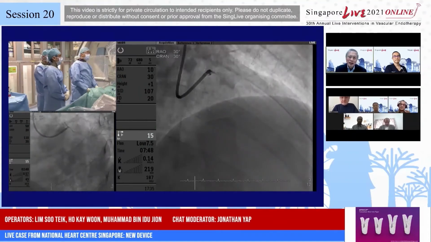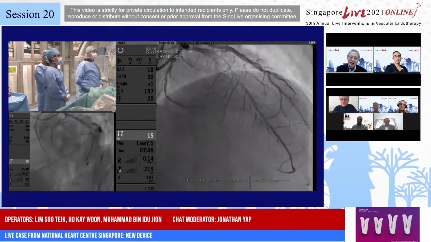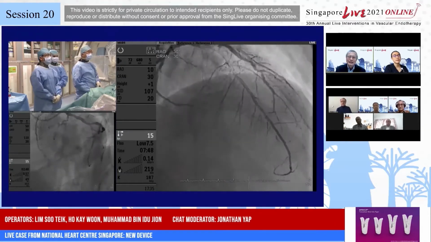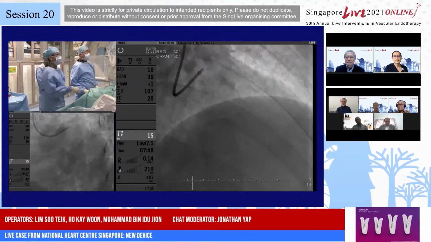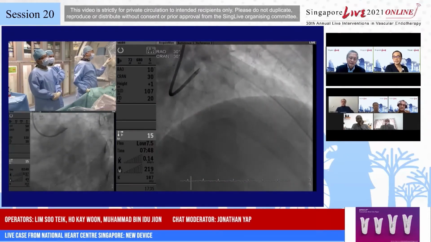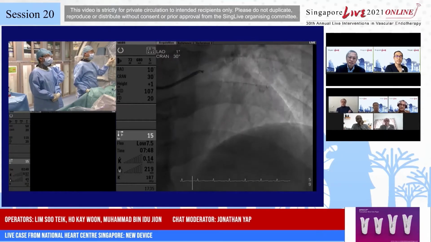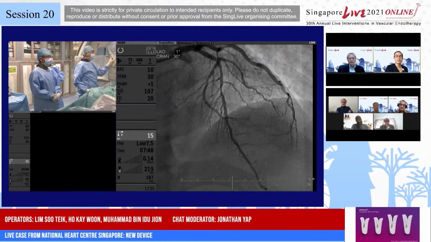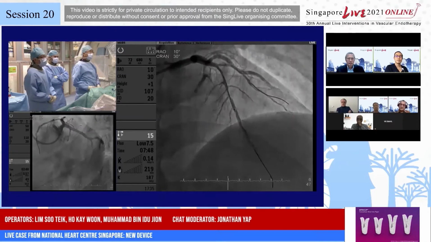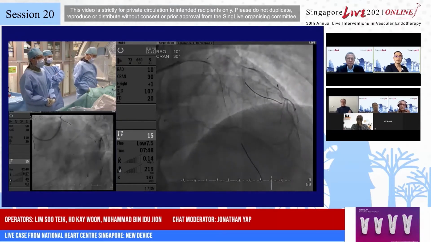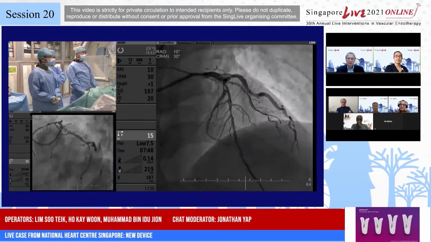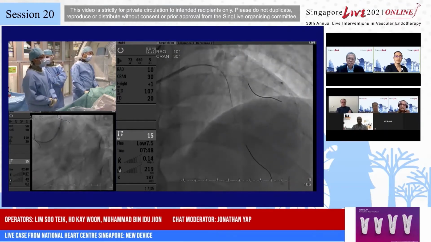Adrian has a lot of experience with iFR, FFR. Maybe, Adrian, you think doing that might help? Yeah, I think those are excellent points. The other concern that I have with using long stents is what is the expansion limit? Given that the stent is held together by polymer, I'm not sure how forgiving it is with larger sized balloons, especially when there is such a size mismatch.